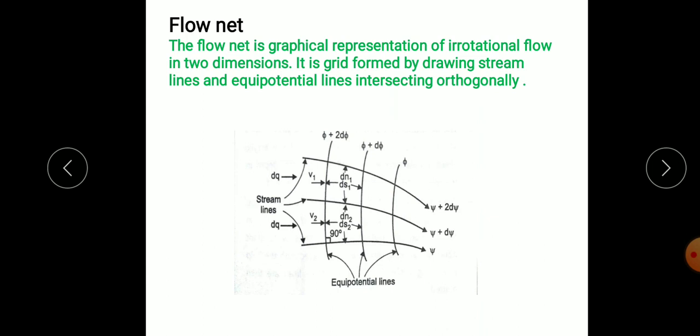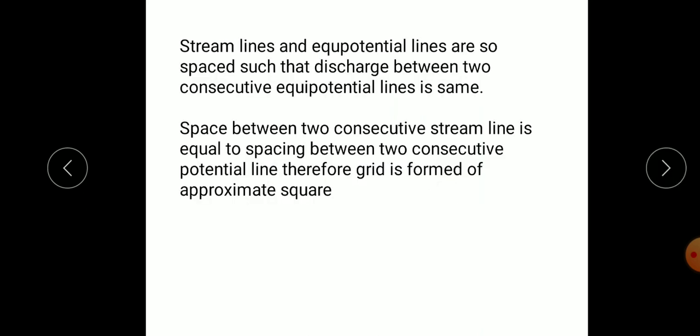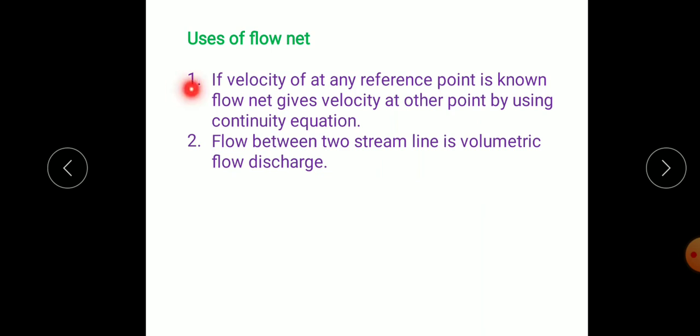We can represent it graphically by drawing the streamlines of the flow and drawing the equipotential lines, and we get the flow net. The flow net we can use to determine the velocity or discharge. If it is known at any reference point, we can find the discharge at other points by using the continuity equation.